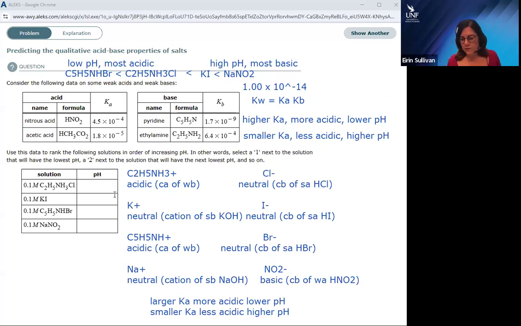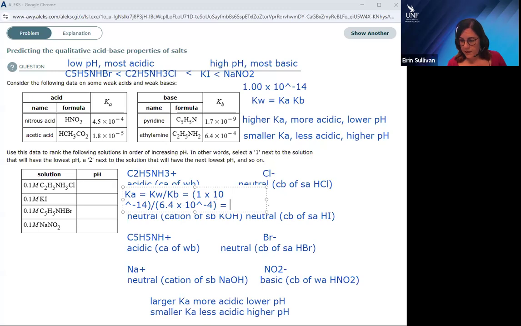So if you want to, you could go ahead and do that just to be sure. Okay, so if we take the C2H5NH3, Ka is going to be Kw divided by whatever Kb was for my ethylamine, so that's going to be 1 times 10 to the power of minus 14 divided by, let's see, Kb for the ethylamine was 6.4 times 10 to the power of minus 4.